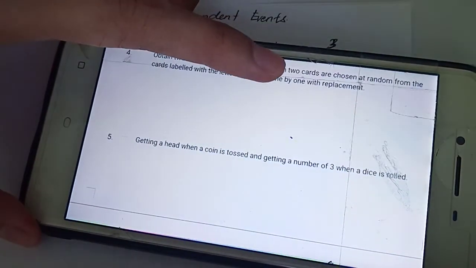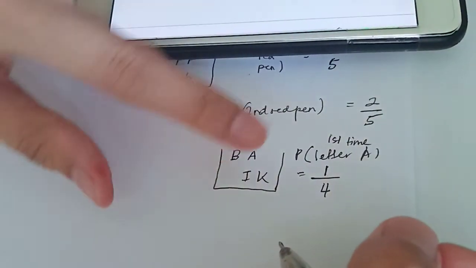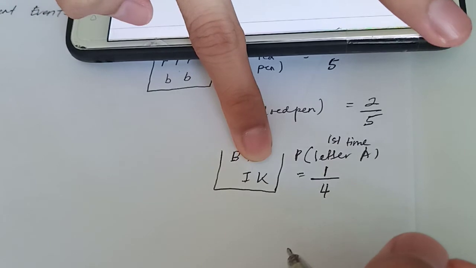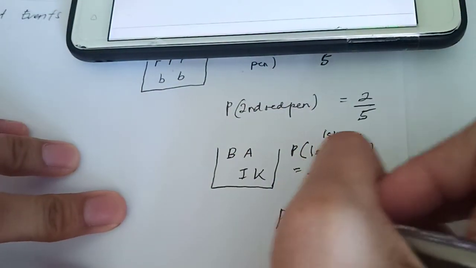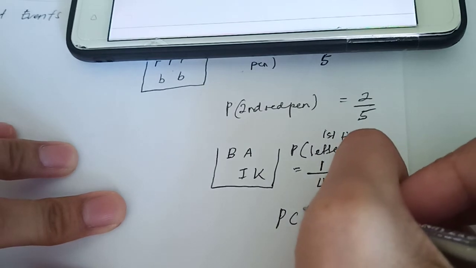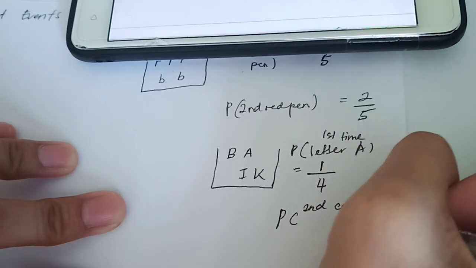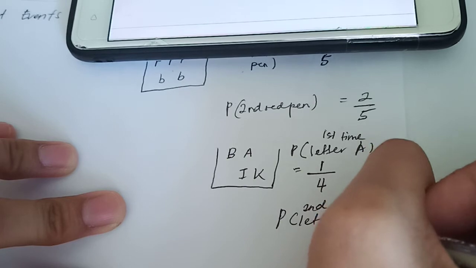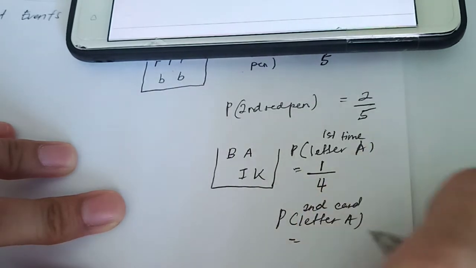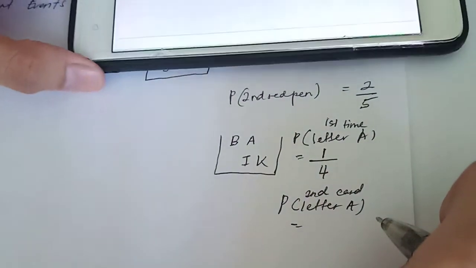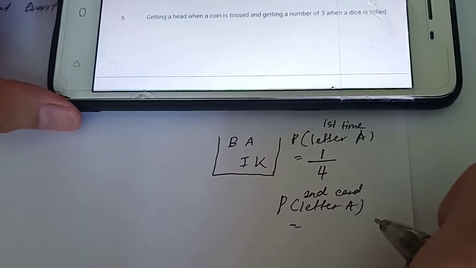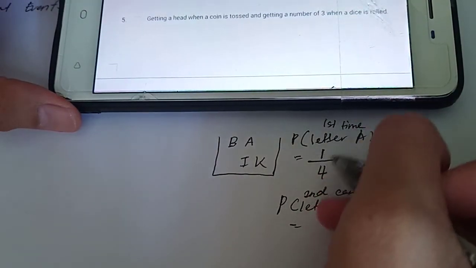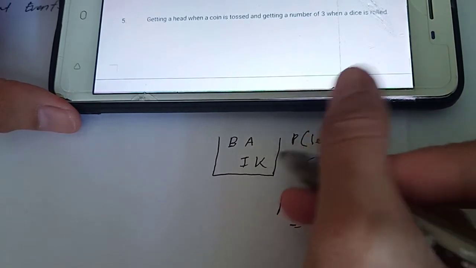Now, with replacement means after I take the letter A, I put it back again, and then I take another card. So this time, the second card, I want to get letter A again. So what is my probability of getting the letter A now? Since this is with replacement, after I get the letter A first time, I put it back.